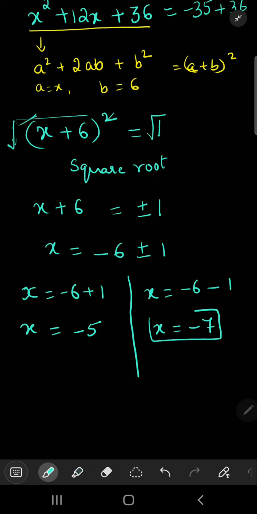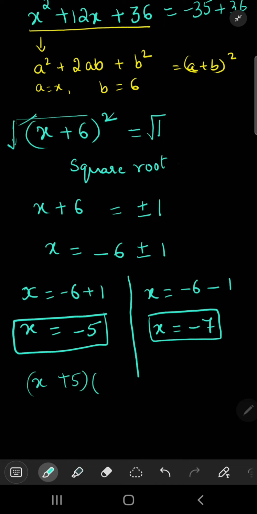So these are the two roots. And if they ask for the factors, it will be x plus 5 into x plus 7. So this is factorization of a quadratic equation by using the completing the square method. Thank you.